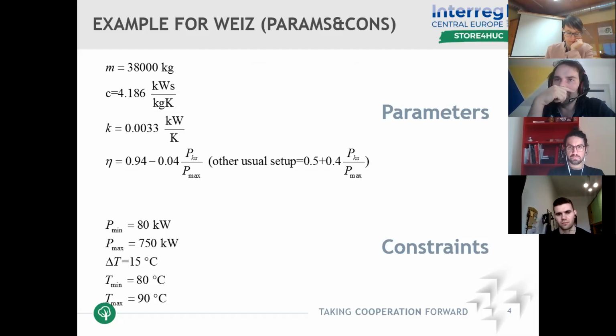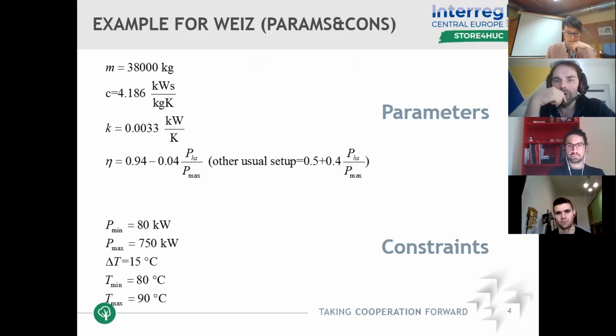Actually, from the data sheets, it seems that the boilers are more efficient on partial load than on full load. However, these efficiencies do not differ very much. And you will see what consequence it has on the optimization and the devices.